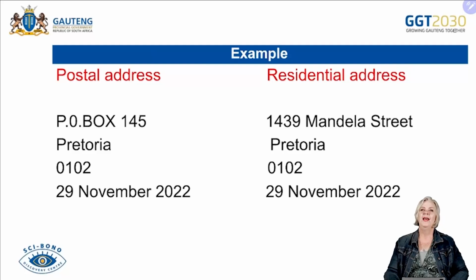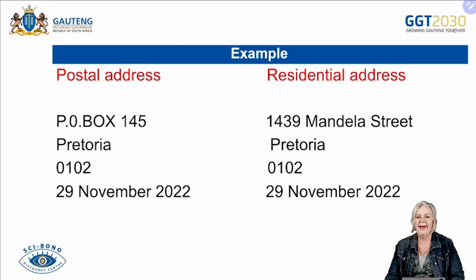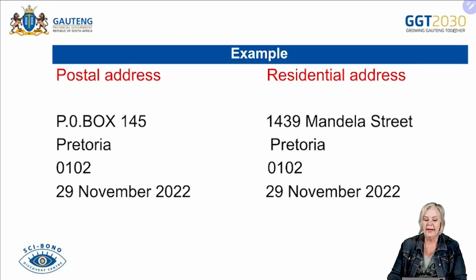Let's take a look at possible addresses. I always suggested that the learners choose one address, study that, and use that address right throughout. That way you know that you won't make a mistake when you have to write it down. You may use a postal address, for example, P.O. Box.